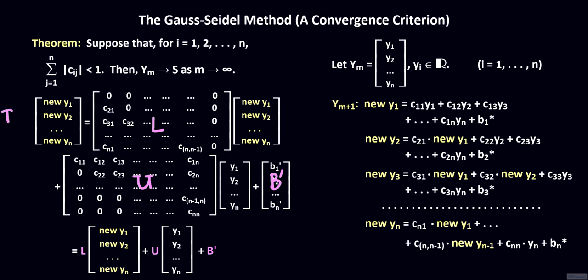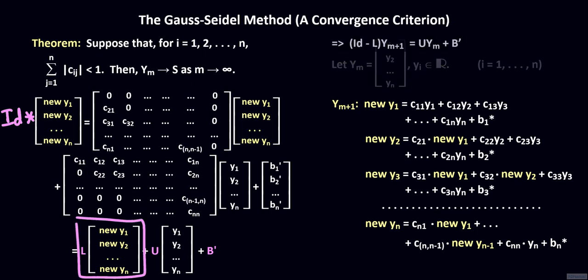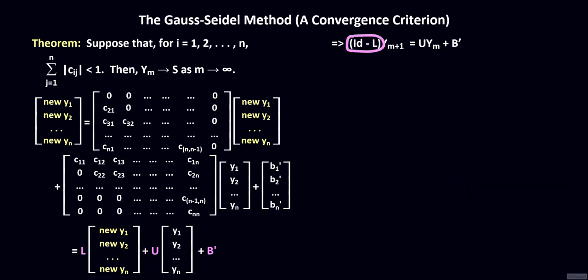The left side is just the identity matrix times the vector y sub m plus 1, so that moving this y sub m plus 1 term to the other side, we get this matrix equation. The identity matrix minus the matrix L is lower triangular. In fact, for the entries of the identity matrix minus L, the entries of L change signs by acquiring minus signs, while the diagonal entries are all ones from the identity matrix.